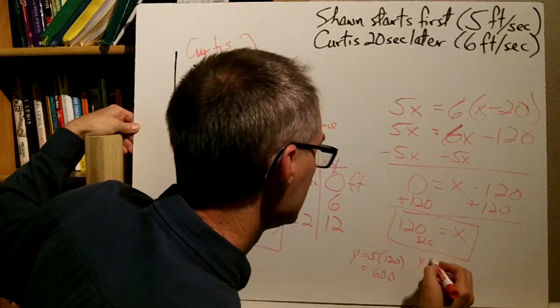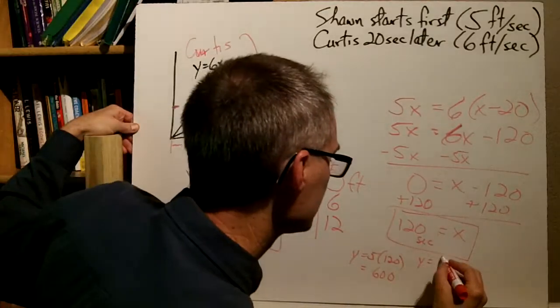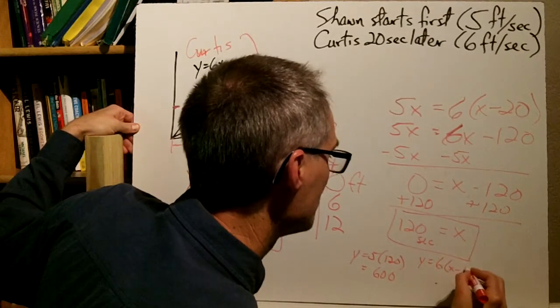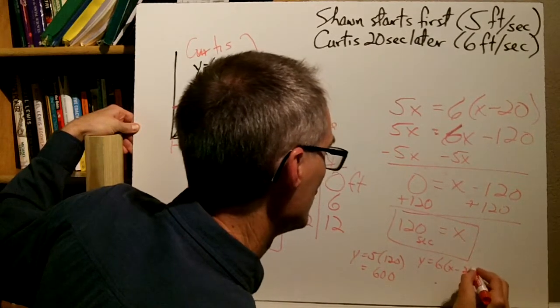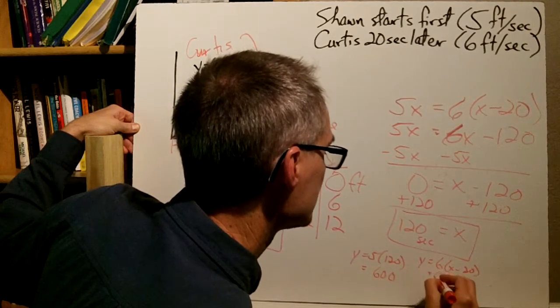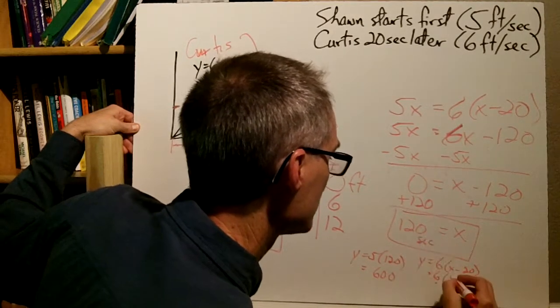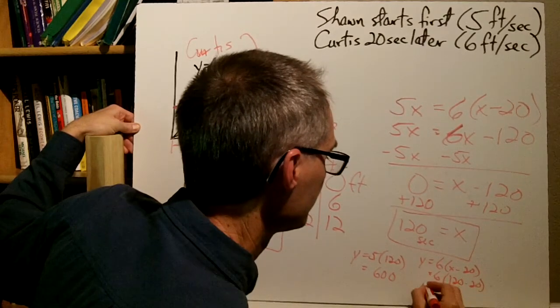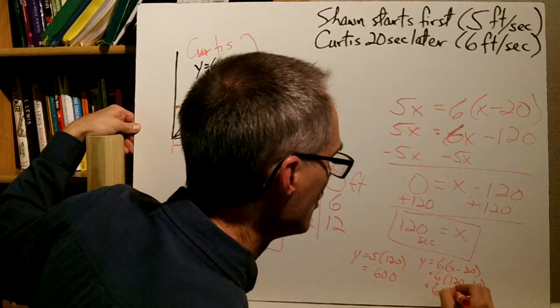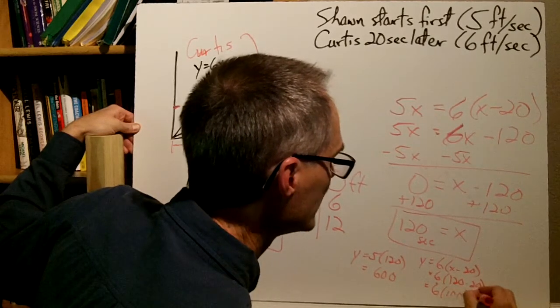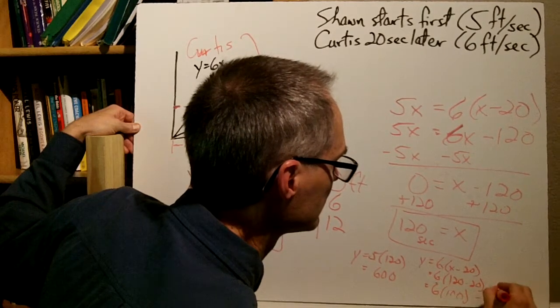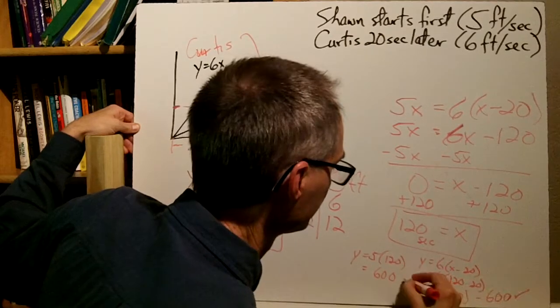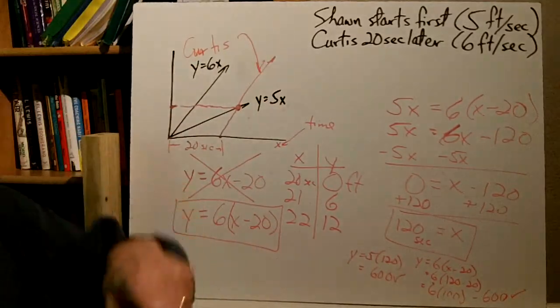And y equals 6 times x minus 20. If x is 120, that's 6 times 120 minus 20, and that's 6 times 100, which is also 600. And I've just solved the problem.